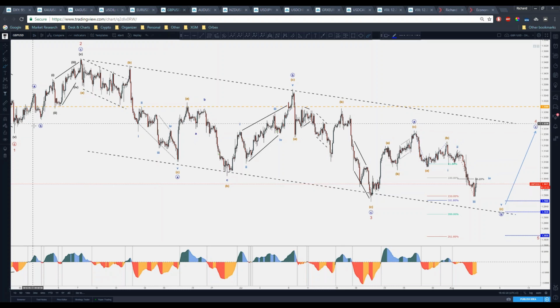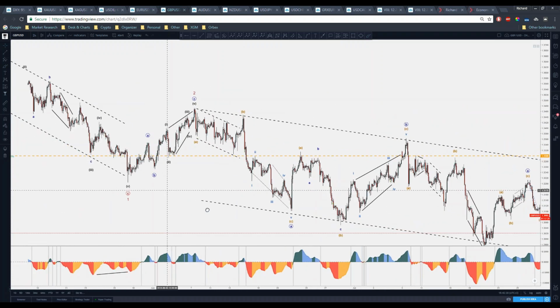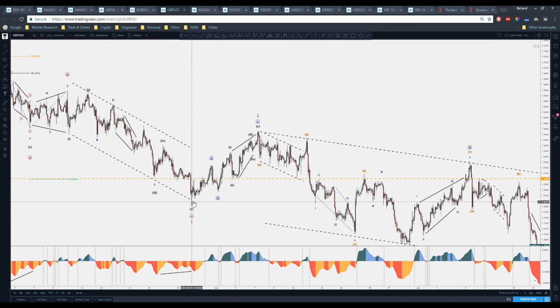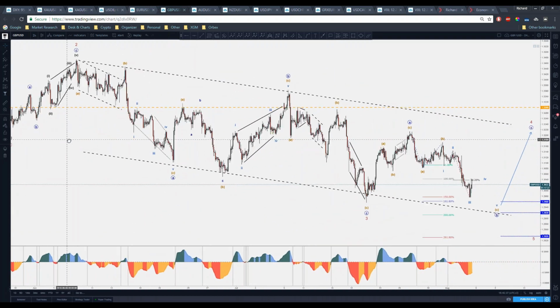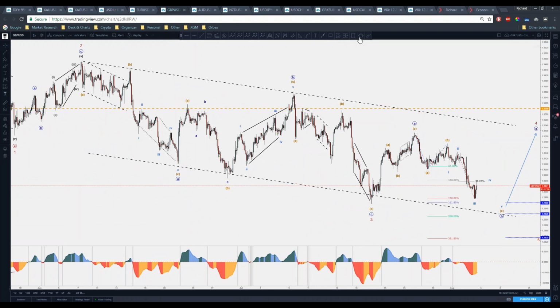Let's take a look. We have wave one in a descending channel as well, a simple corrective pattern in wave 2, red, minor degree, with an ending diagonal in the C, minute blue.